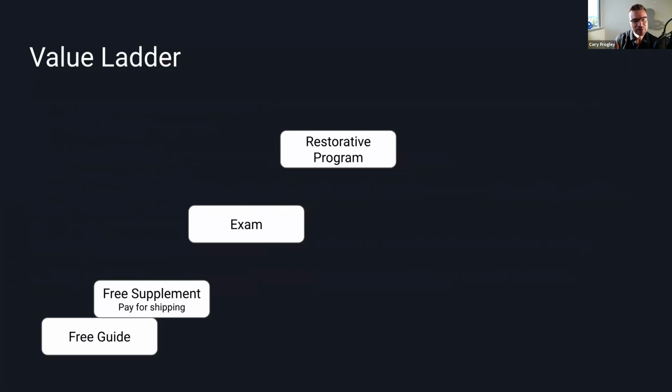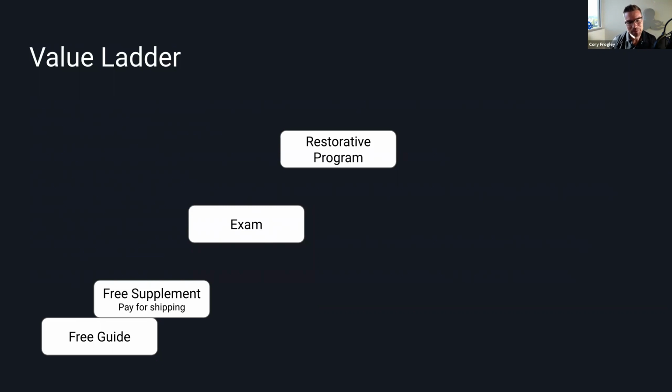So we offer a free supplement if they pay for shipping. Well, this is all going to come back to knowing your numbers in a little bit, but how much does a supplement cost you, or how much does a small product cost you to provide for free? $6, $8, $12.